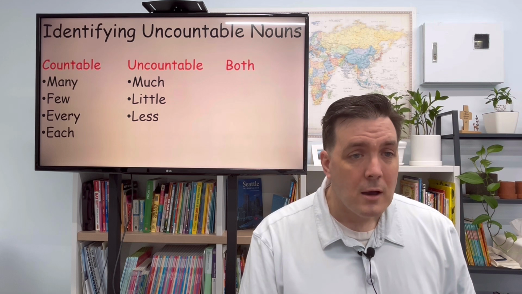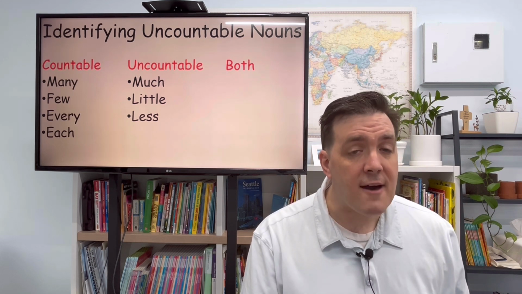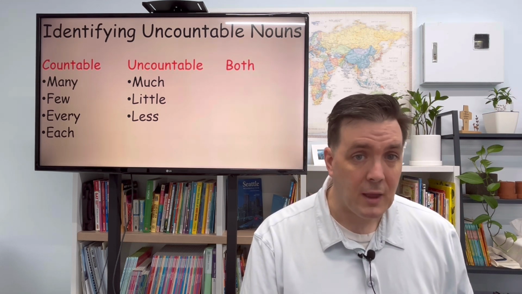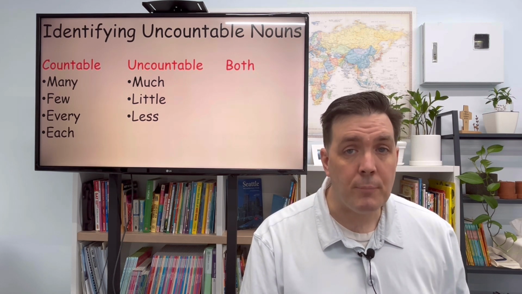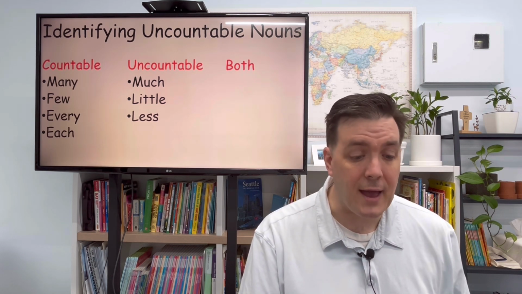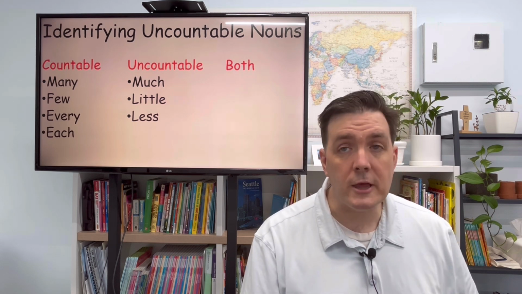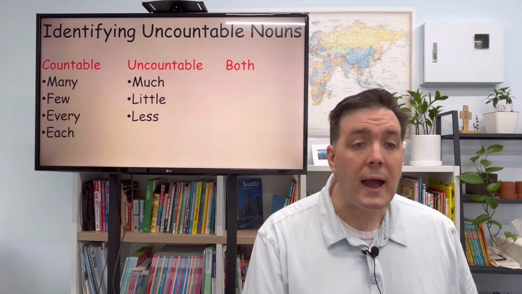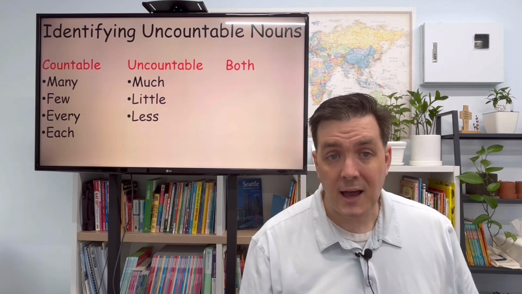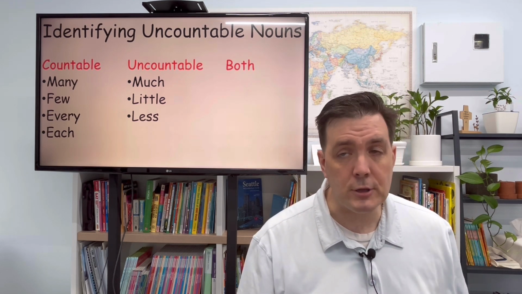Okay? So, I'm sorry, I don't have much milk. I don't have much butter. Butter and milk are uncountable nouns. Same thing for little. Okay, I have a few minutes. I have little time. Can't say I have little minutes.